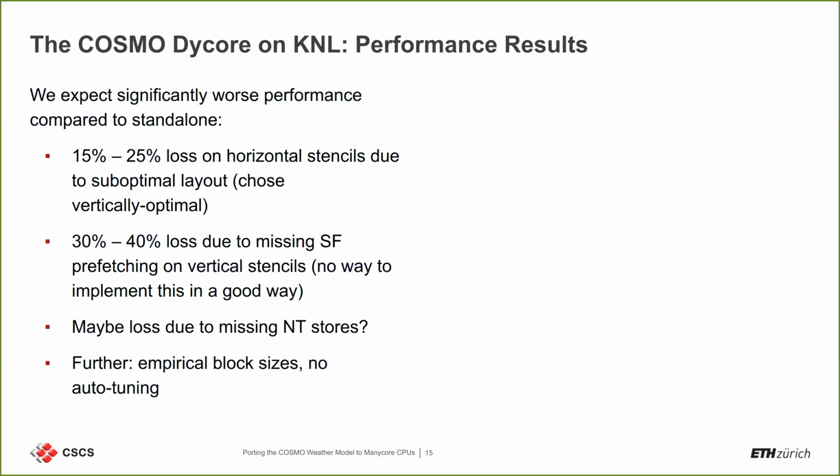First, we should lose about 15 to 25% probably in horizontal stencils because we can't use the optimal layout there, because we chose the vertically optimal one, as vertical stencils are more expensive than horizontal ones in the COSMO dycore. Further, there's probably quite a significant loss on the vertical stencils because we could not implement the software prefetching in a useful way that was working with GridTools.